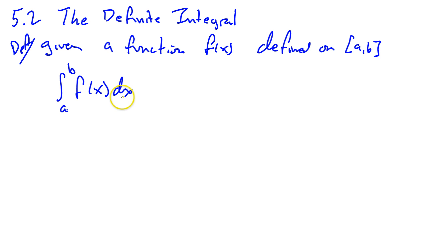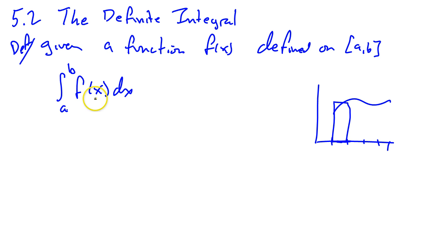When you think about the pictures that we drew before, where we cut the interval up into a bunch of little pieces, and we had a width times a height, that's kind of what this looks like. The f of x is telling you the height. The dx is a really thin, small number for the width.